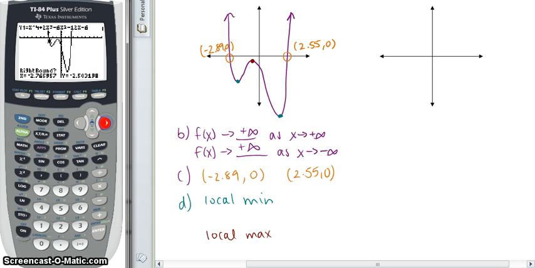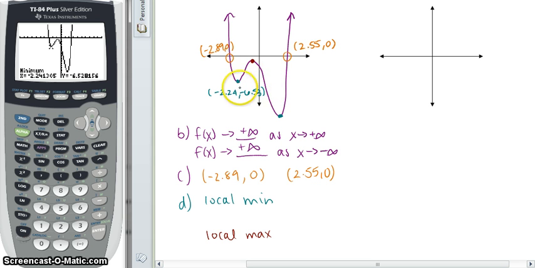Then it wants right bound, move the cursor to the right, hit enter, and then guess, just move the cursor towards the minimum point, hit enter again, and this gives us our point of negative 2.24, comma, negative 6.53.